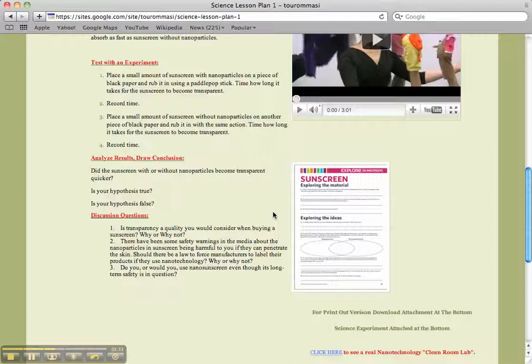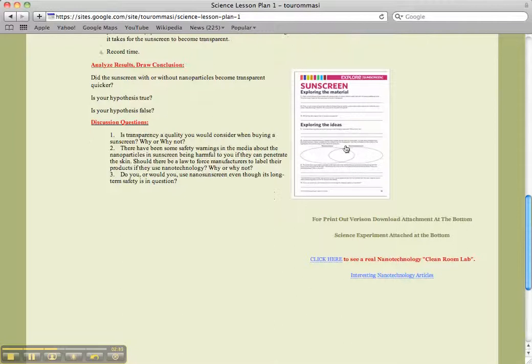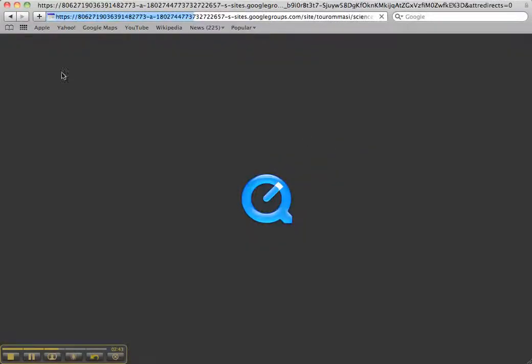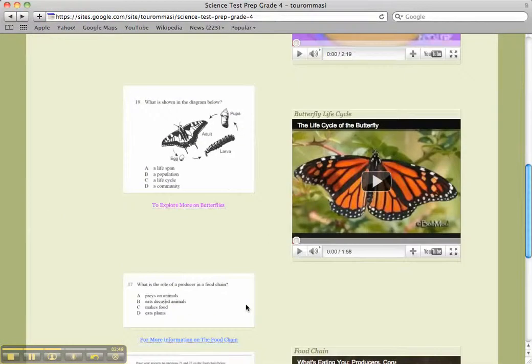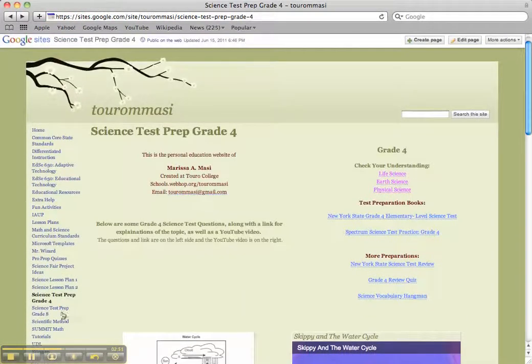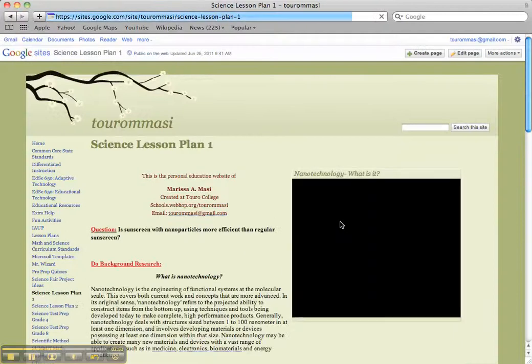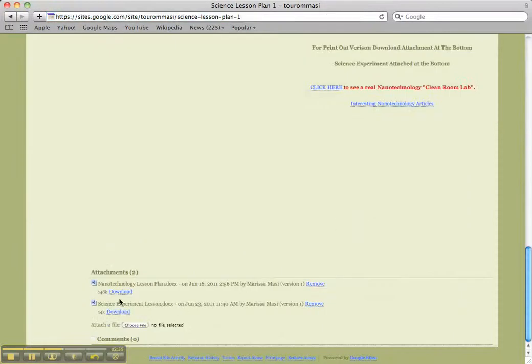After students do my experiment, I have some discussion questions for them to do. I also have a sheet that I would like students to complete. My sheet can be downloaded at the bottom of my webpage, and it just has discussion questions for them.